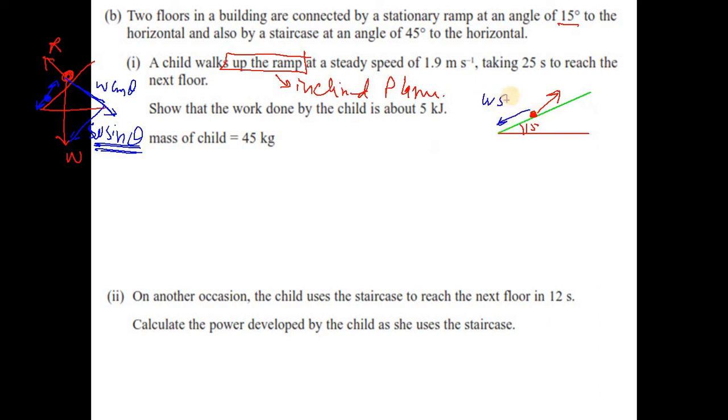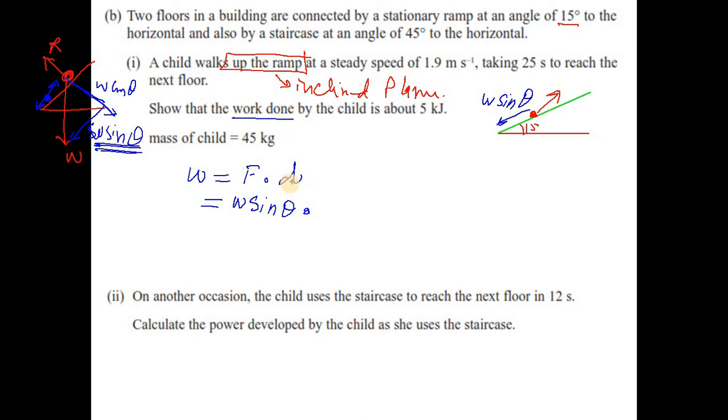component. So you can find the work done, which is W equal to force into distance, and the force is the component of the weight acting parallel to the inclined plane, which is W sin theta, into displacement.